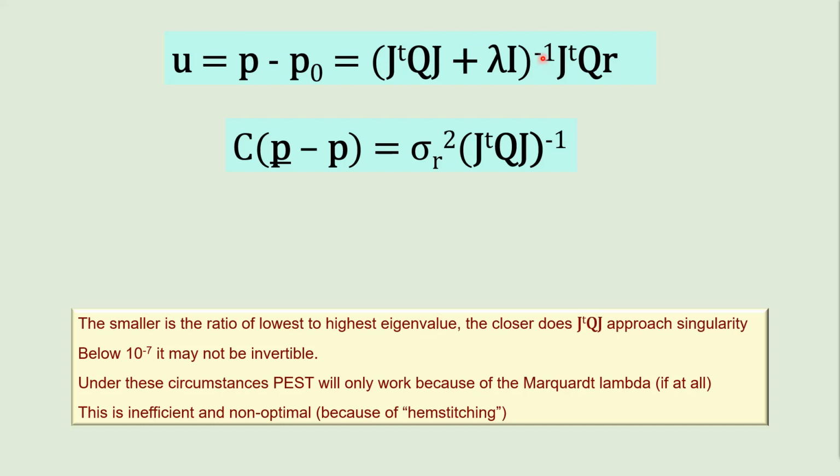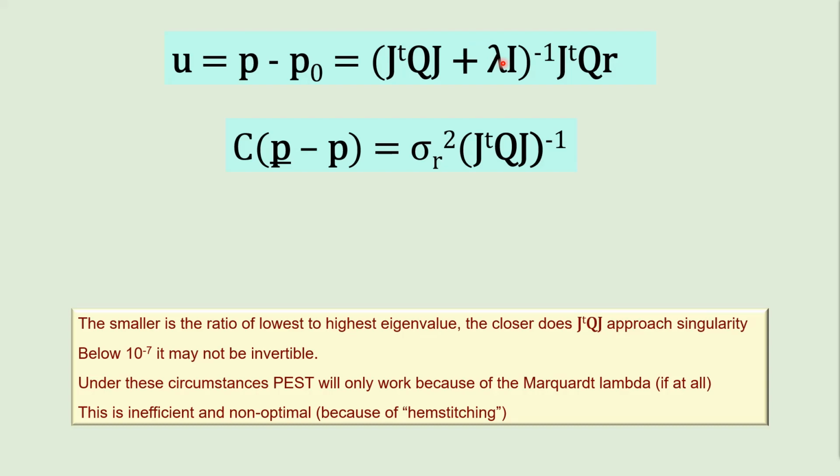It can still invert a matrix which really shouldn't be invertible if we didn't add terms to the diagonal of that matrix. However, under those circumstances, the values that it estimates for the parameters will probably not be of minimum error variance.